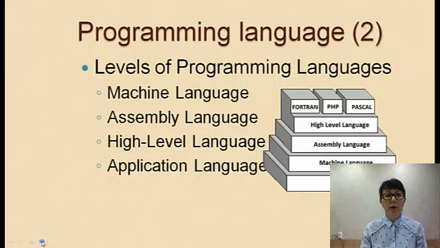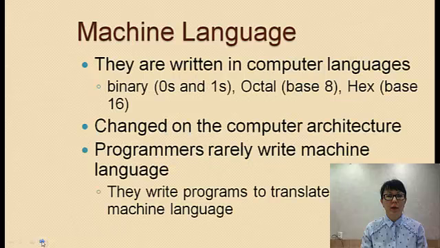Levels of programming languages: machine language, assembly language, high-level language, and application language. Machine language is written in computer language, for example, binary, octal, or hexadecimal.